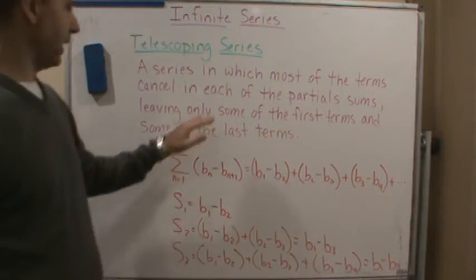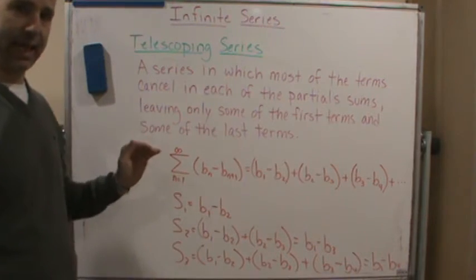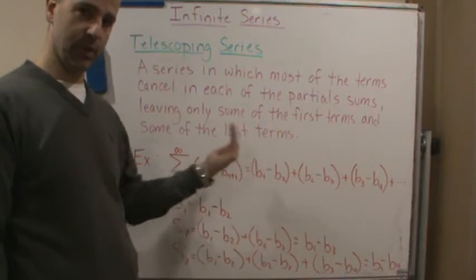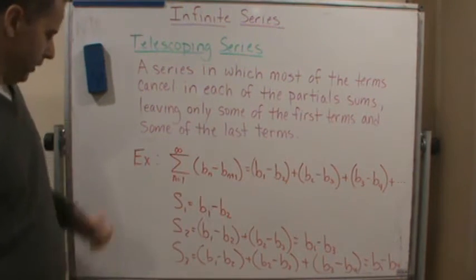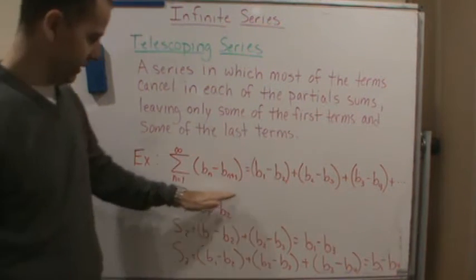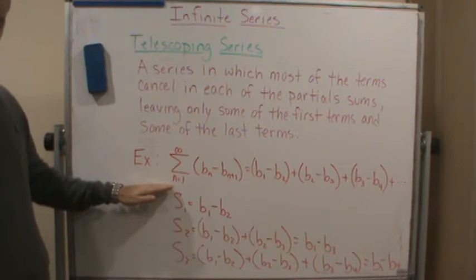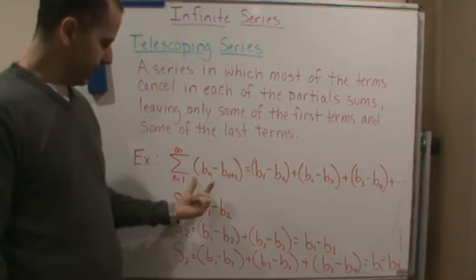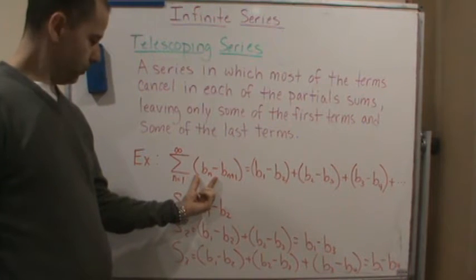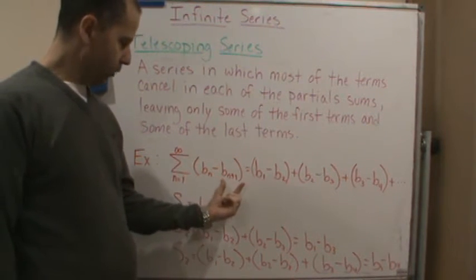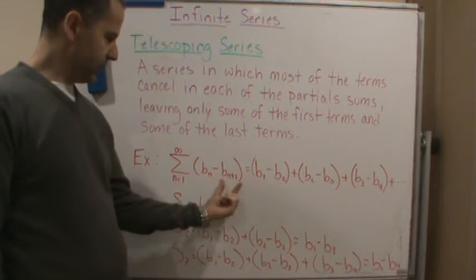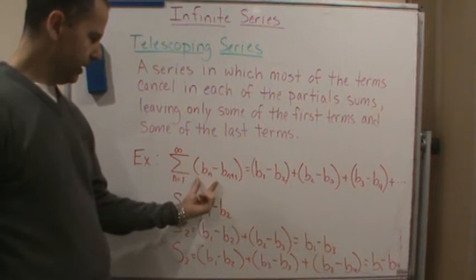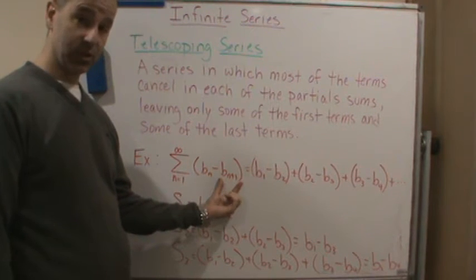If you take each of the partial sums, you'll see that you end up with some terms in the beginning and terms at the end, and all the terms in the middle cancel each other out. For example, take any series of this form, where we take b sub n and subtract off the next term.